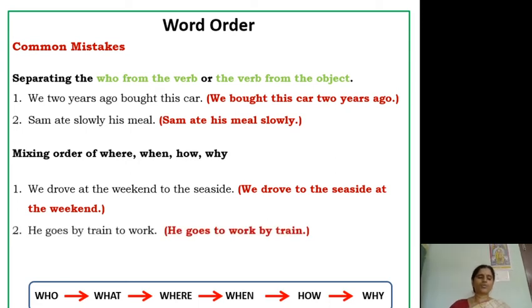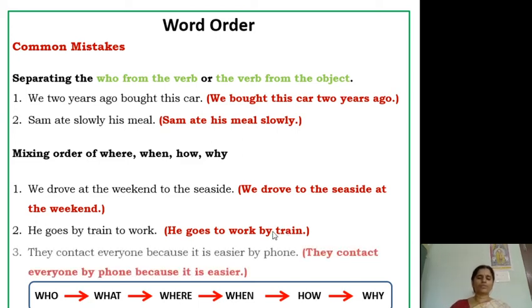Now let us see one more example. He goes by train to work. He is the subject, goes is the verb. By train indicates how. To work indicates where. So where has to come first and how has to follow. So he goes where, to work, how, by train. So this is the order that we have to follow. Let us see the next sentence. They contact everyone because it is easier by phone.